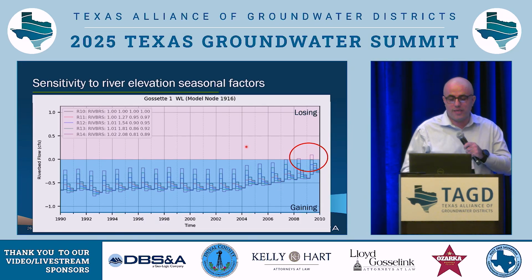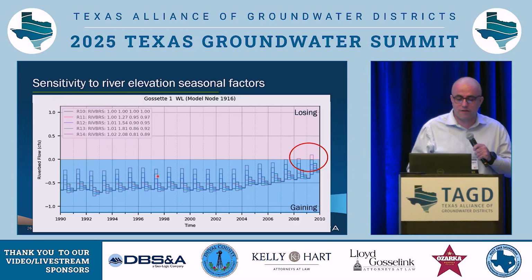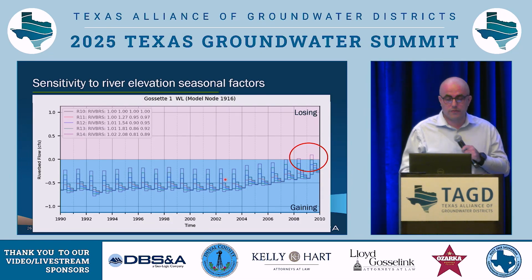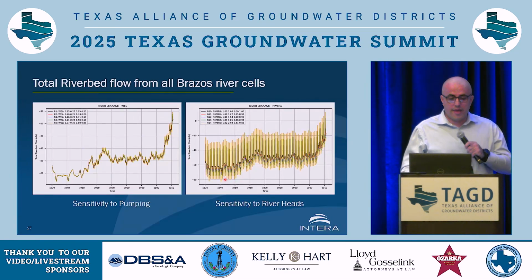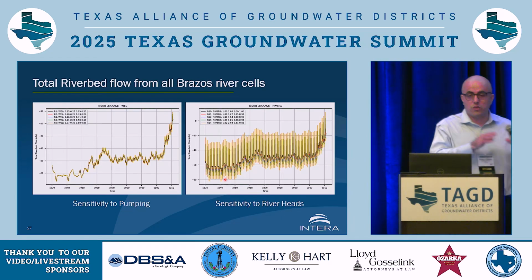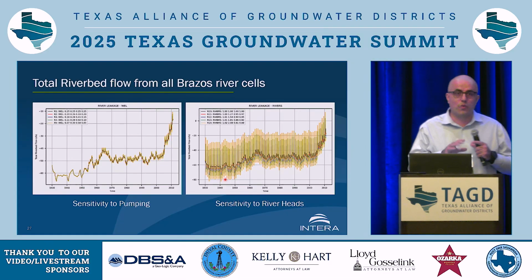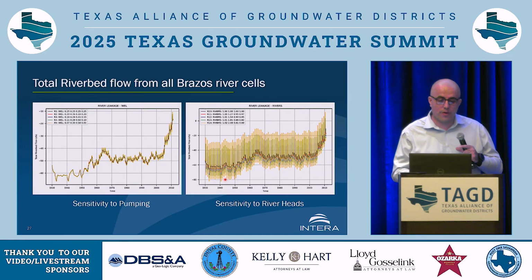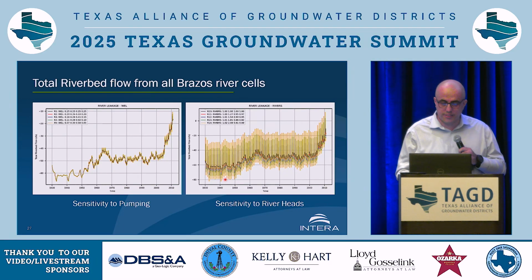If we look into the seasonal variation, we can see how at the end of the simulation, that particular location of our stream will be a losing stream, whereas if we don't consider the seasonal factor, it will always be gaining. We can aggregate this into the total contribution of the flows and compare which will be the most relevant aspect where we need to put our energy.